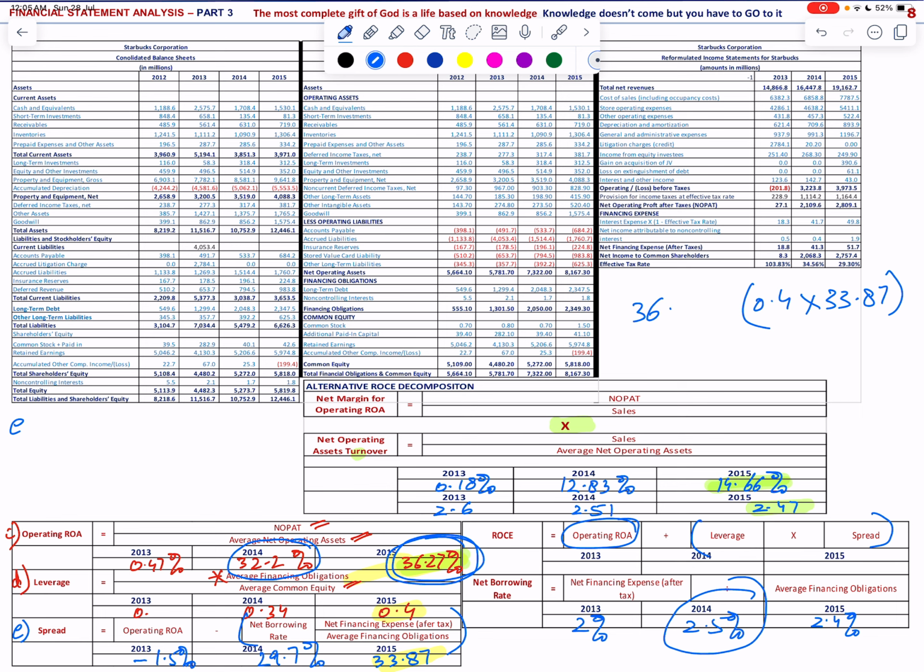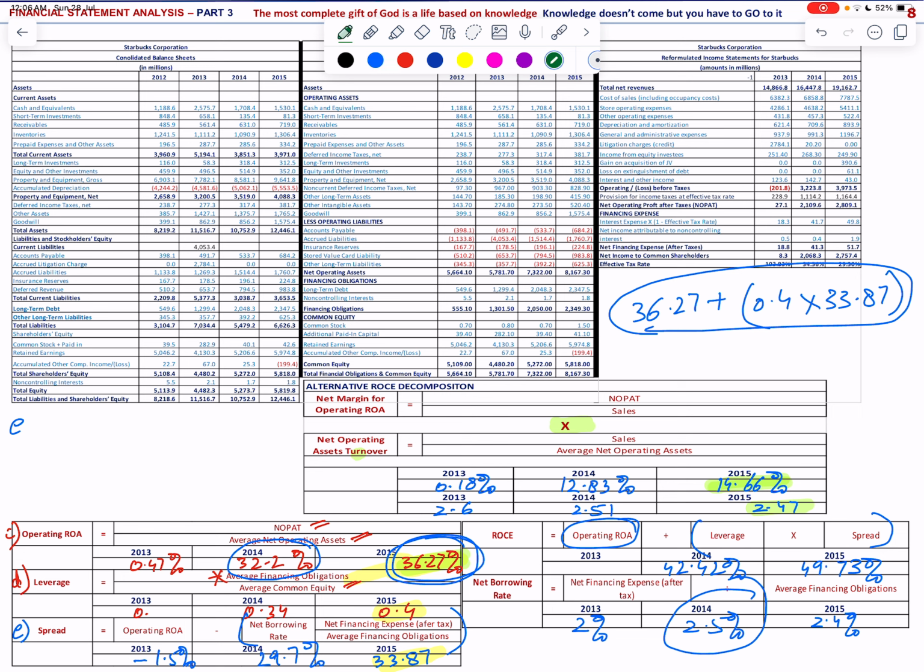So 36.27 plus 0.4 times 33.87, and this will be equal to how much? This will be equal to 49.73%. We can calculate the same way for 2014, 42.42%.